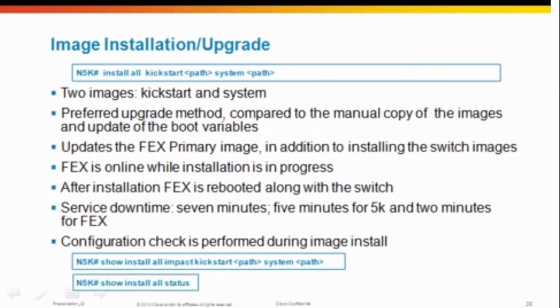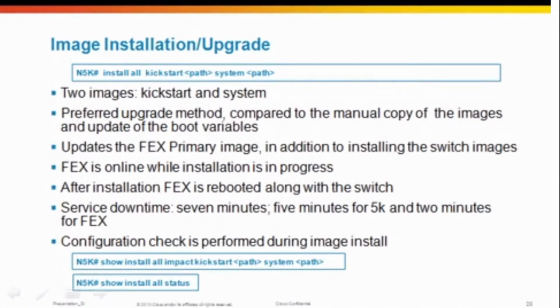So when you want to do an upgrade of your 5K code, you'll have to download two files, the kickstart and the system file from our Cisco.com website. And by the way, for the FEX code, you don't have to download anything different. The FEX receives its code from the 5K. So when your 5K runs one specific version of code, your FEX will run that version as well, and it will receive it from the 5K.